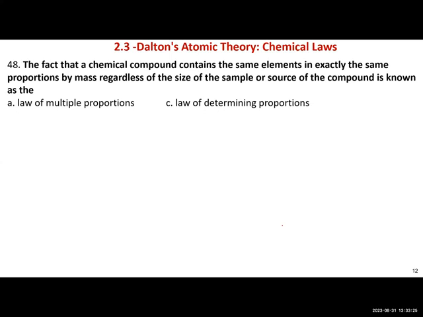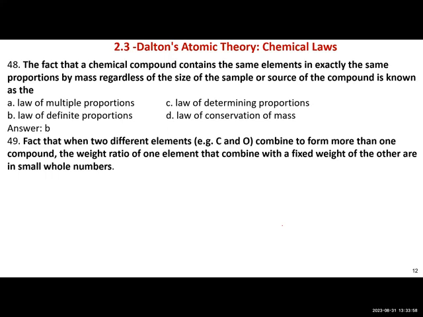We don't have a law of determining proportion. Definite is another word for constant proportion. So the statement in question 48 is describing the law of constant or definite proportion. Therefore, the answer is D.